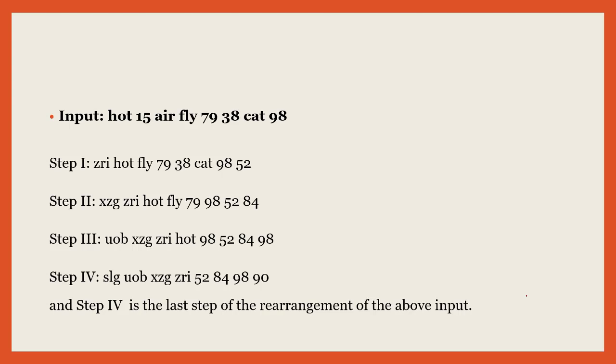Now when I read step 1, I see two new elements, ZRI and 52, and I see 15 and air have been dropped. Now I have to connect ZRI to air and 52 to 15. 52 to 15 is easy, because if I write 15 in the reverse order, that's 51, plus 1 gives me 52.